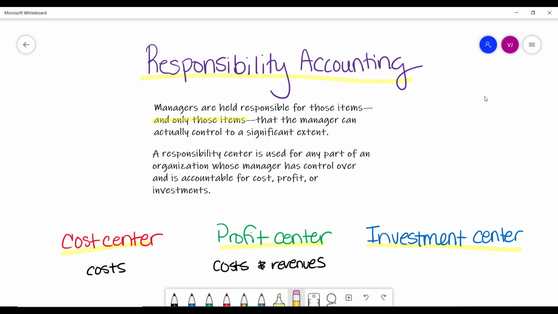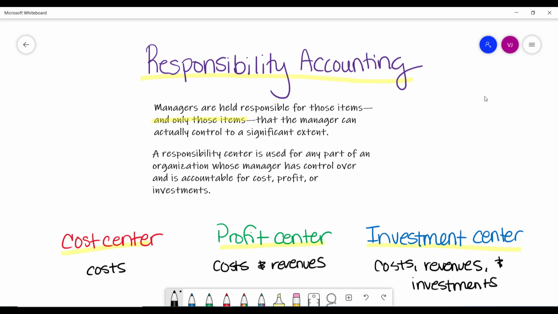Profit center, the manager will have responsibility for costs and revenues. But an investment center, this is a segment where the manager has control over costs, revenues, and investment funds. So this is a center that can actually invest in operating assets.